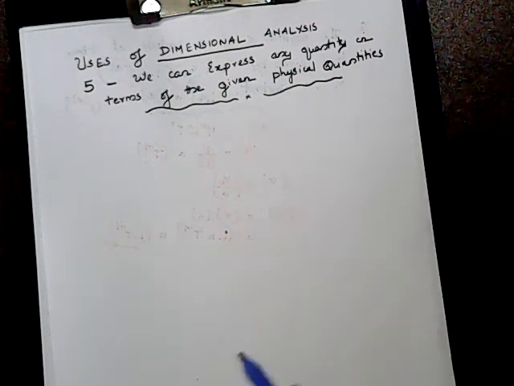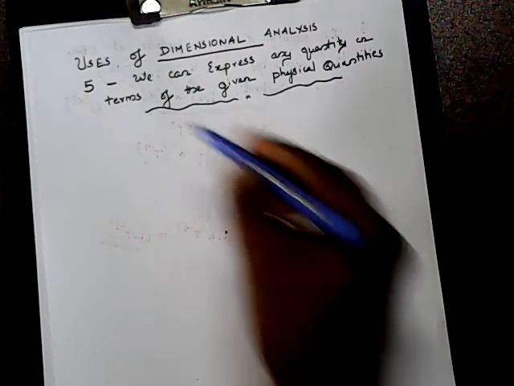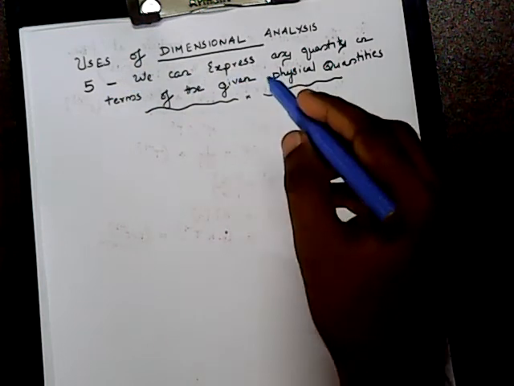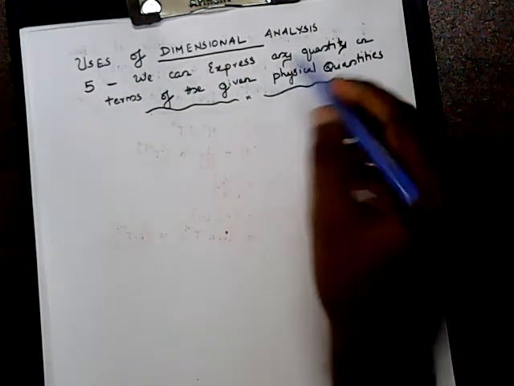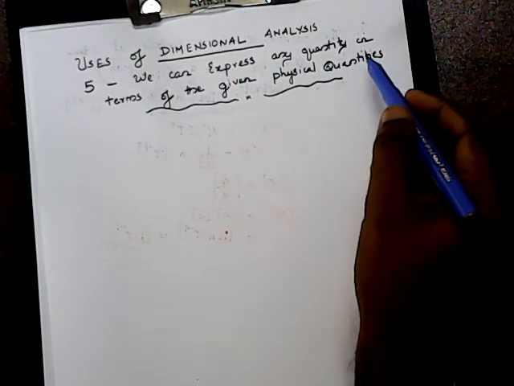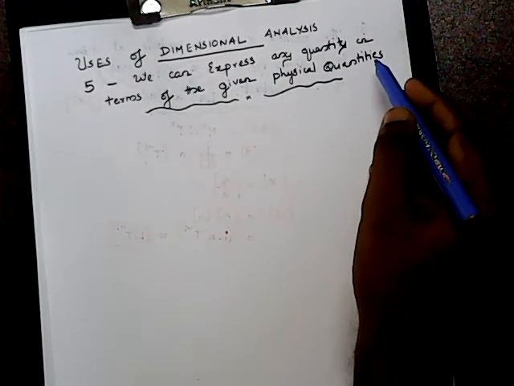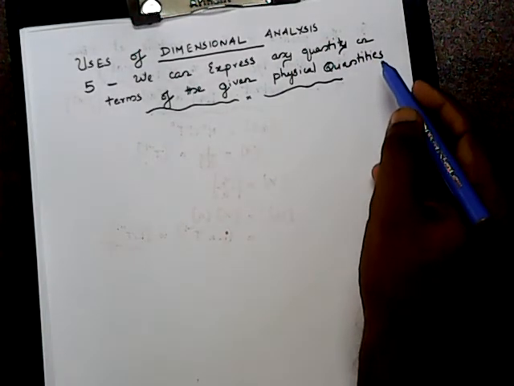So, students, we can discuss the fifth use of dimensional analysis. It is nothing but we can express any quantity in terms of the given physical quantities by using dimensional methods.